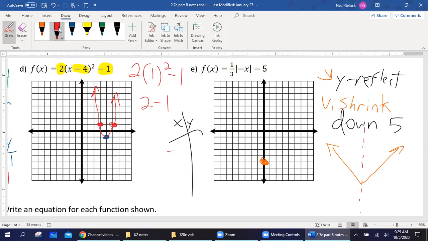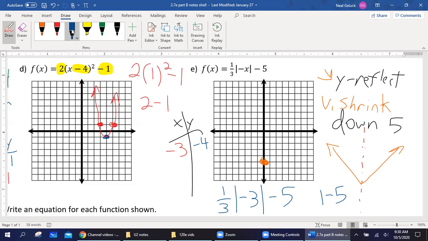So I'm actually going to pick -3. And so I'd have, let's see, do it down here on the bottom, 1/3 times the absolute value of -3 minus 5. So that's going to be 1/3 times 3. So that's going to be 1 minus 5, which is -4.